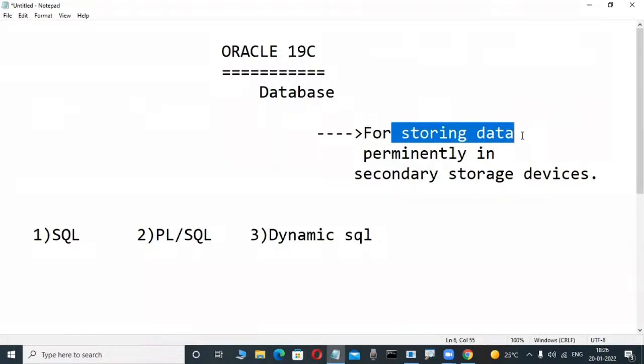But that is absolutely wrong. Not only storing data, so many things are there. Actually, databases are not only for storing data, but efficient retrieval of data is also important. Suppose, for example, observe the screen.